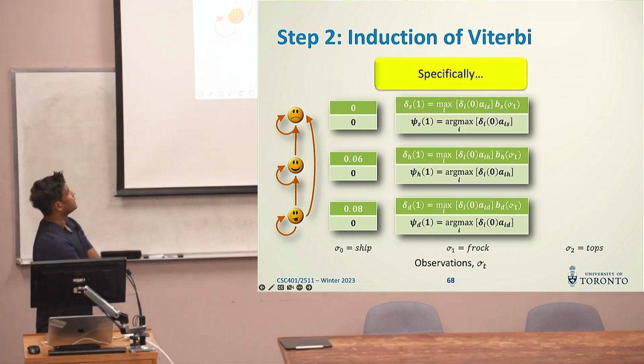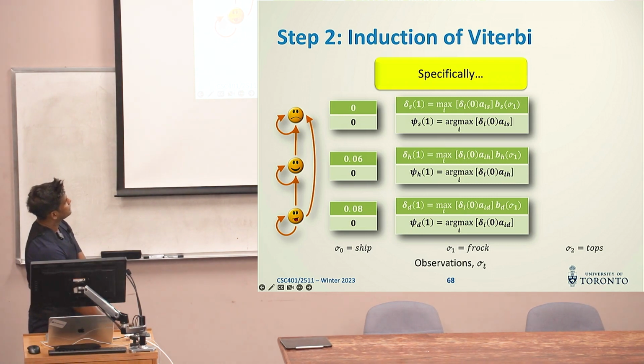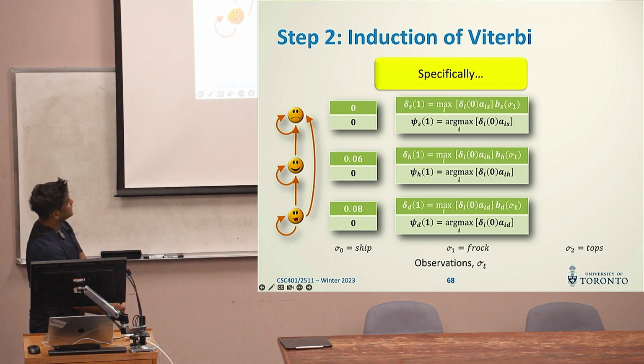So let's make this more concrete. This is for all 3 possible states in this running example. So when we're in a sad state, our delta sad at time step 1 will be the maximum of the previous time step's deltas multiplied by the state transition probability, and the emission probability of observing frock when we're in sad state, okay?